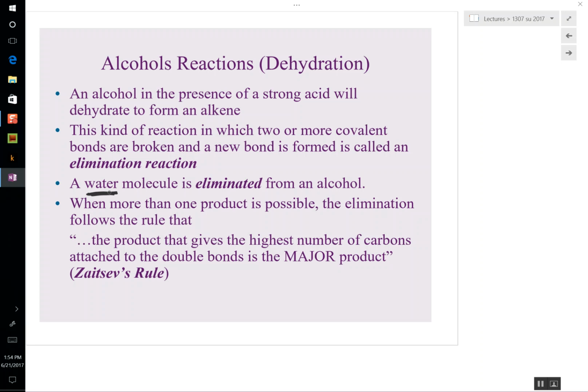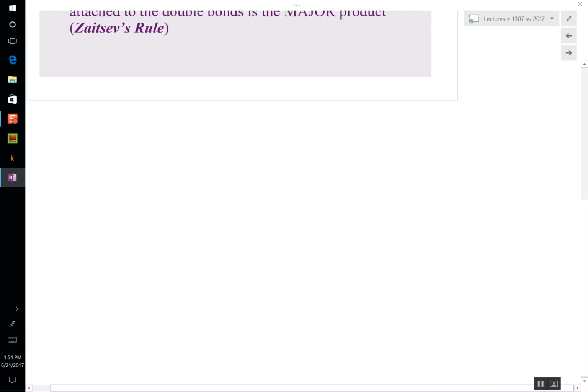When more than one product is possible, then you use Zaitsev's rule. But let's not worry about that rule right now. Let's look at a situation when you can only get one product. So let's take one of the most common alcohols. And I'm going to put a hydrogen here, and a hydrogen here.